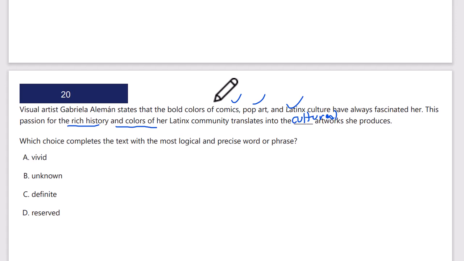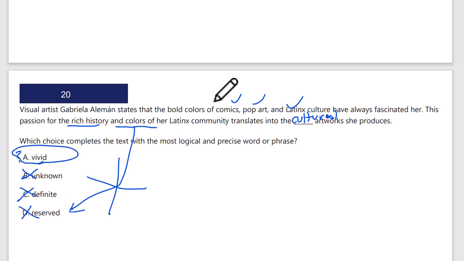Let's see. Vivid artworks, that could be, if it's colorful, it could be vivid. Let's hold on to that one. Unknown, no, definitely not unknown artwork she produces. Definite, that's certain, that's not right. Reserved, well, if they're colorful, they are not reserved. That's not right. That means to be held back, kind of shy. It's vivid, it's colorful, it's wild, it's passionate. That's the better word.